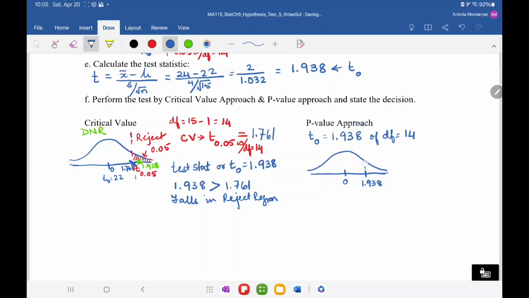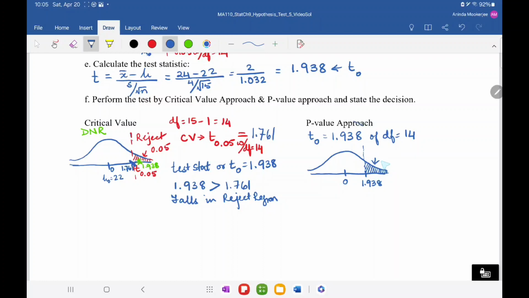Let's lengthen the line to touch the curve. This area to the right is going to be the p-value. It will represent the probability of finding a test statistic of 1.938, assuming that the null hypothesis mean is true.